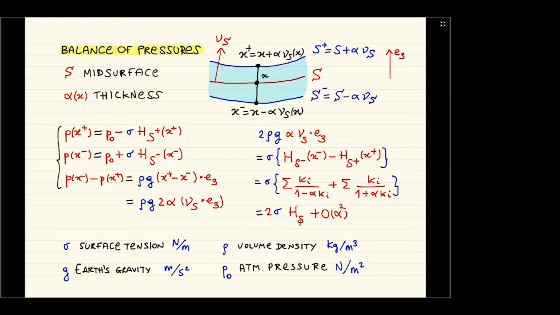It says that the mean curvature is at first order proportional to gravity. But even when gravity is absent, and that's very interesting, the mean curvature is actually proportional to the square of the thickness, to this alpha square, that would be multiplied by something like cubic terms in the curvature. So you have a cancellation of the quadratic terms in the curvature.